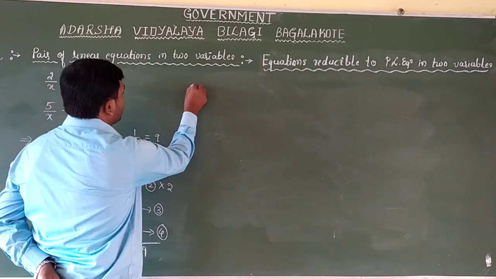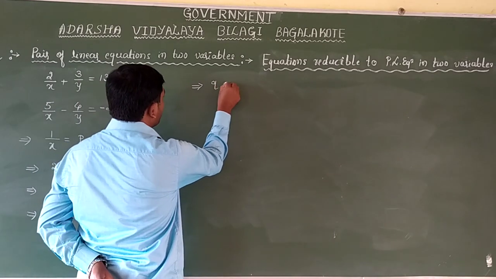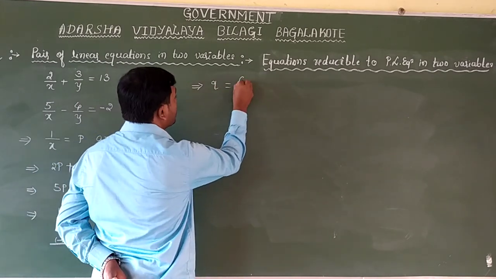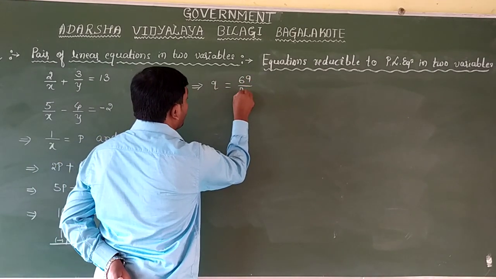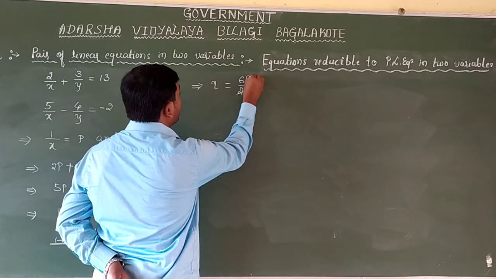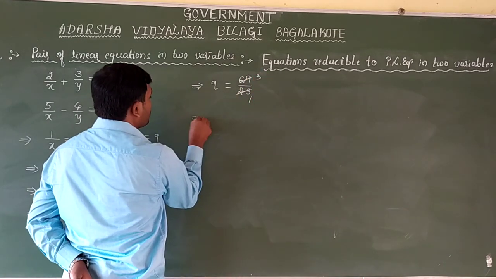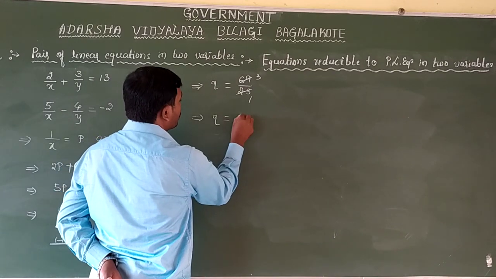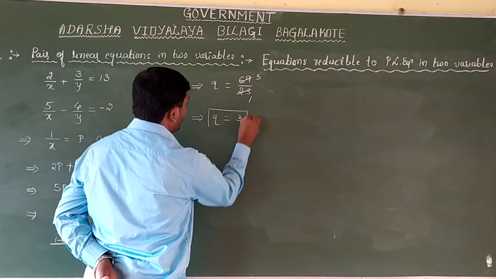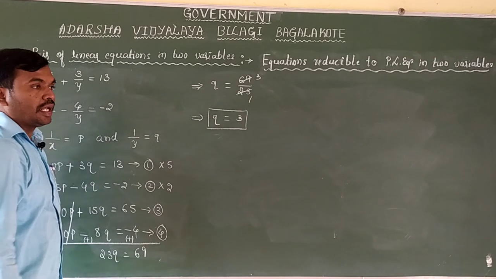So this implies q is equal to 69 divided by 23. 23 ones are 23, 23 threes are 69. So q is equal to 3.